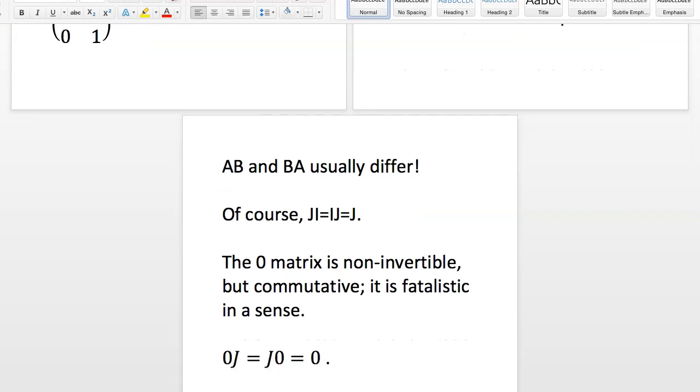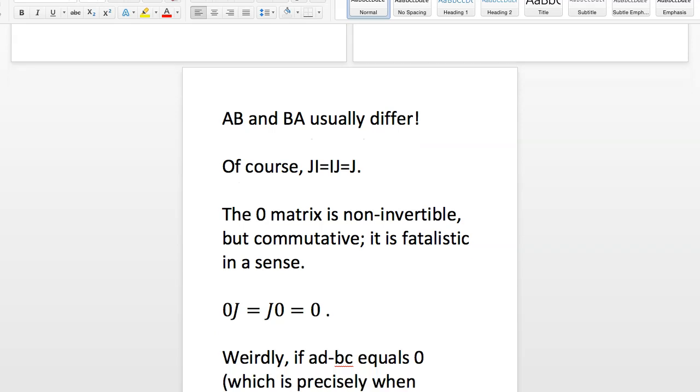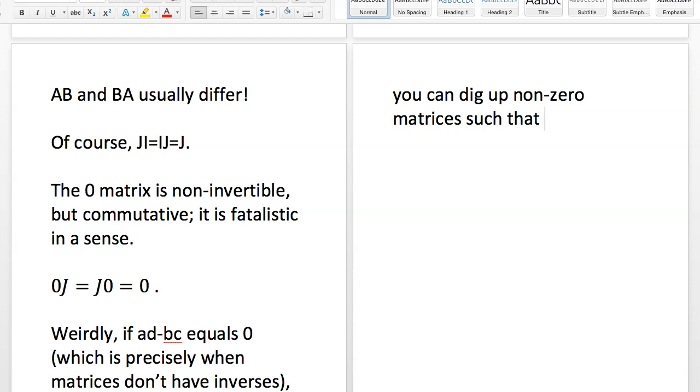And there's weirdly, if AD minus BC equals 0, which is precisely when, by the way, matrices don't have inverses, these are kind of the bad guys, you can dig up non-zero matrices.